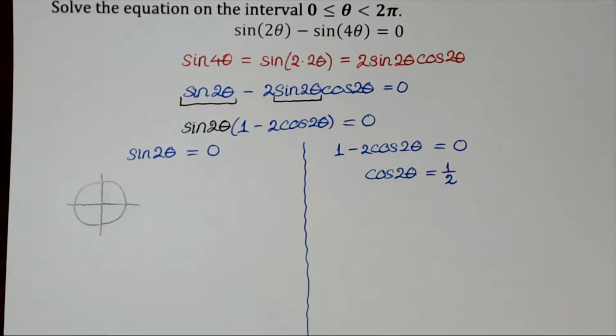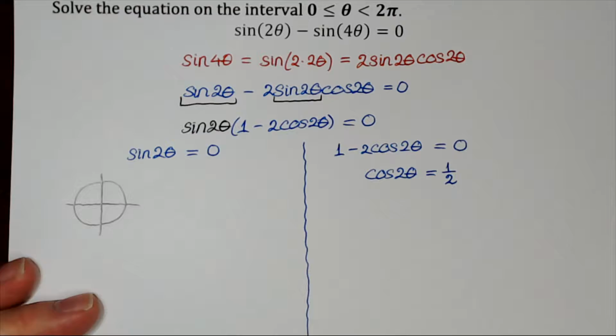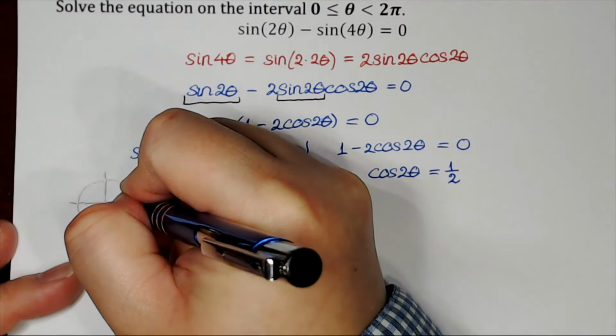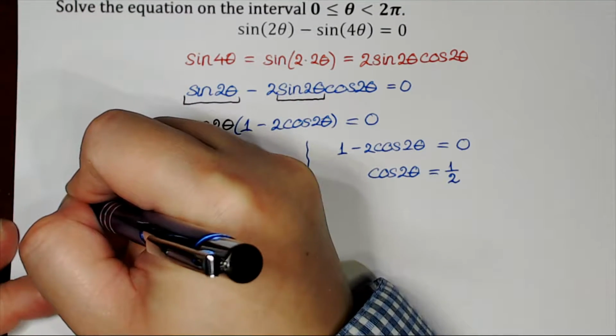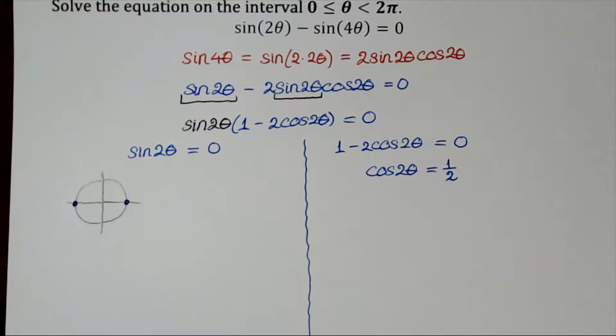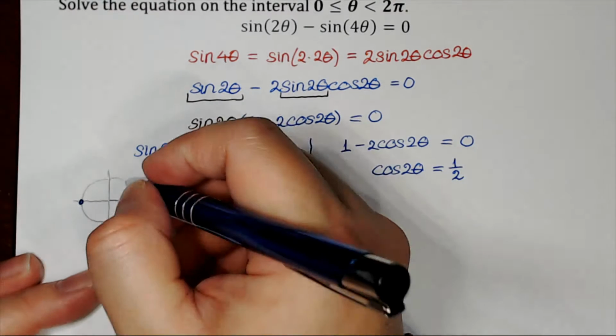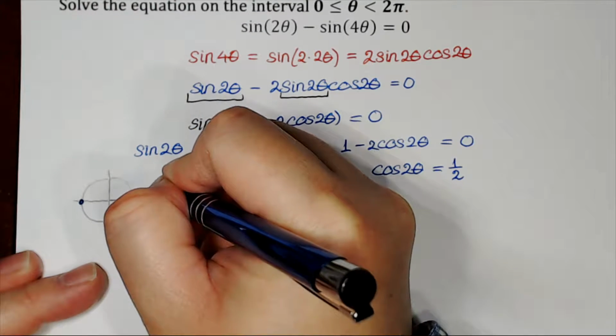So first, sine of anything is associated to the y values. The y values equal to 0 must be here or here. However, we have to write the answer in terms of coterminal angles.